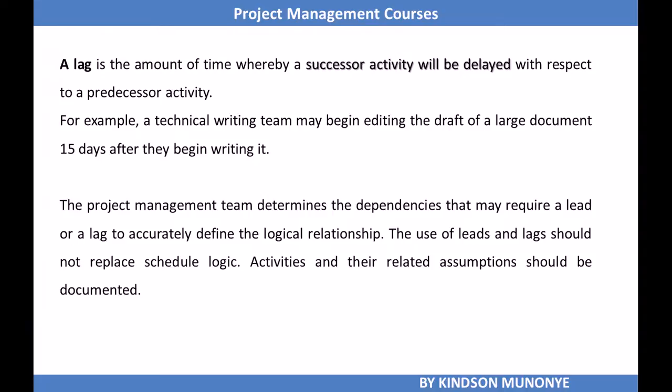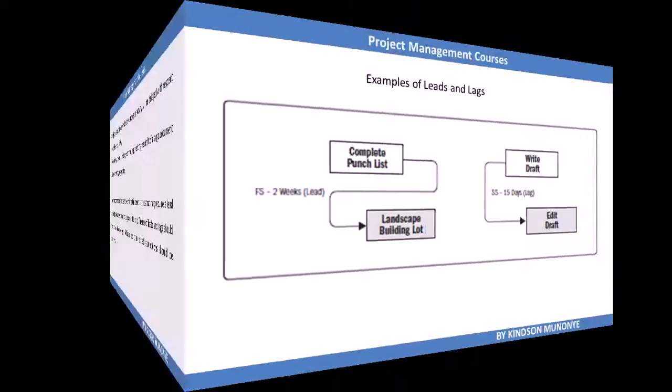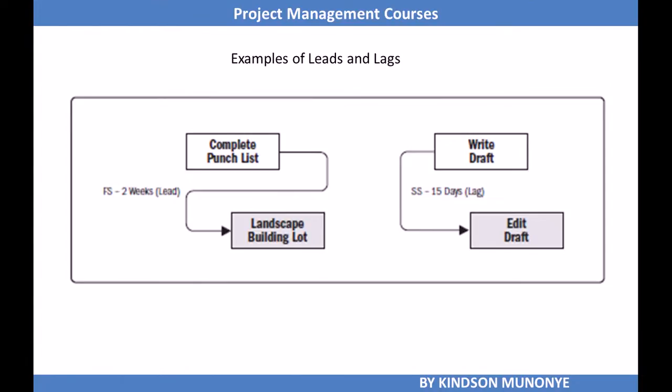The project management team also determines which dependencies require a lead or a lag. Use of leads and lags should not replace the schedule logic. Alright, let's proceed. Example here, we have the minus 2 weeks, meaning a lead of 2 weeks, meaning that the landscape building lot can start 2 weeks before the punch list is completed.